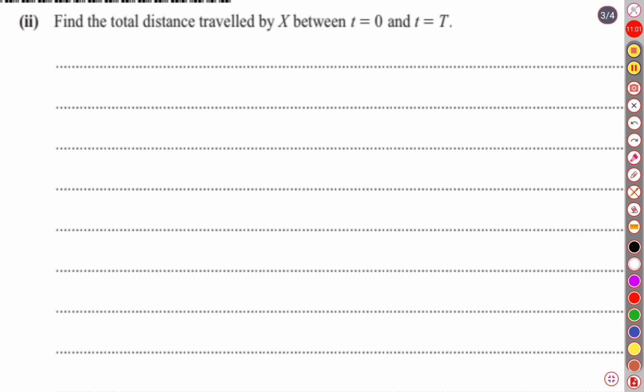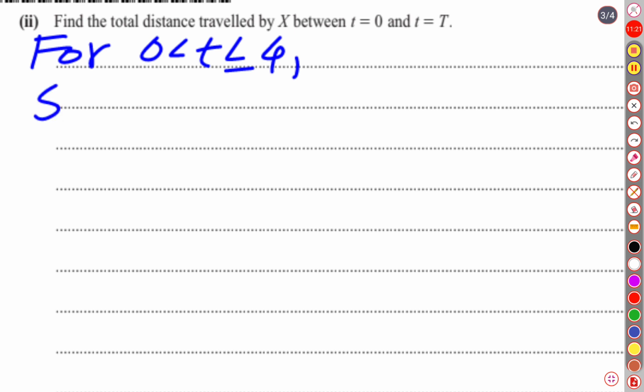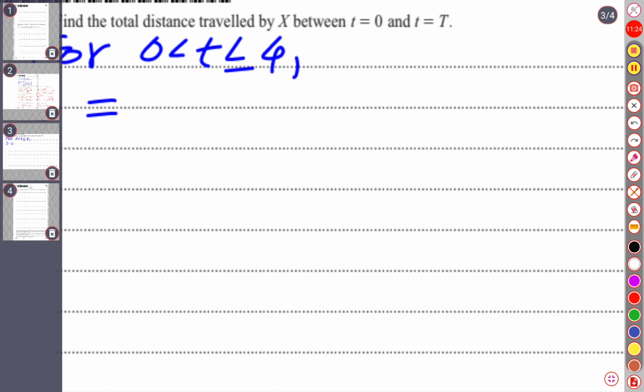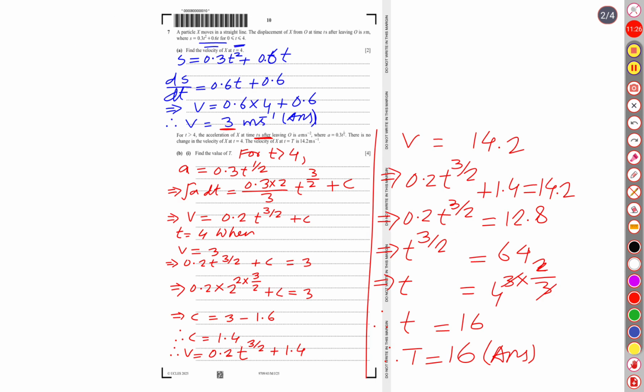Look at this. For 0 until 4 seconds, the nature of the graph was something different. That's why we will have to find s, it is already given from the previous page, you can copy. It's 0.3 t square plus 0.6 t.